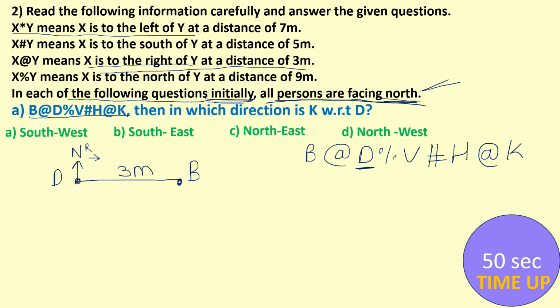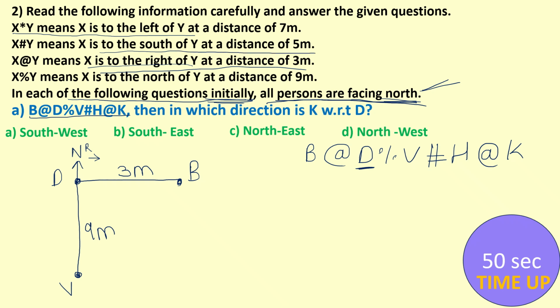Next, D% V means D is to the north of V at a distance of 9 meter. So V is here and this is 9 meter. Next, V hash H means V is to the south of H at a distance of 5 meter.